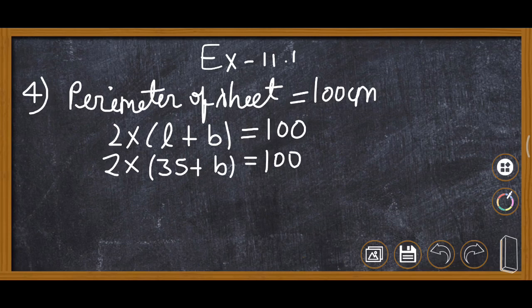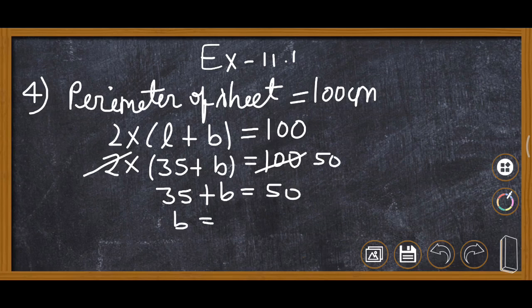It is equal to 100. Then you can see this 2 is in multiply, it will go in divide. So this 2 can cut 100. It is 50 because it is in divide. Then breadth is equal to 35 is in plus, so it will go minus. So breadth is equal to 15 centimeter.